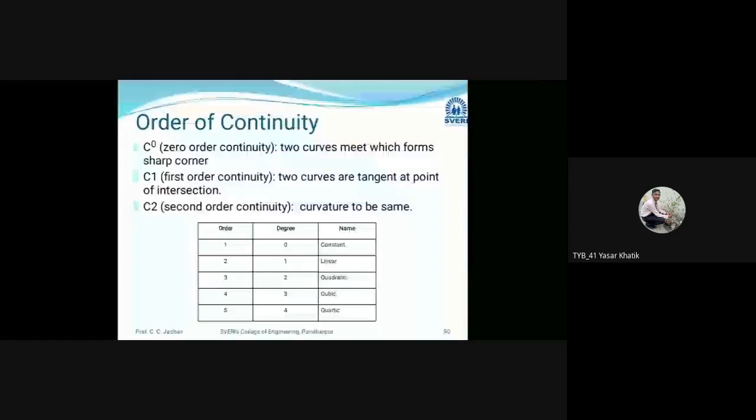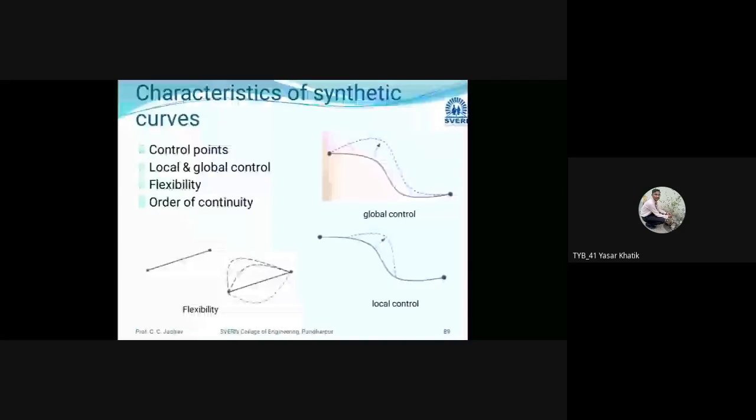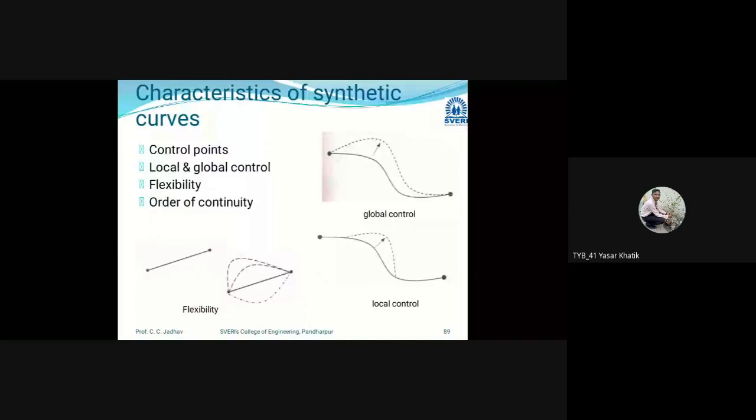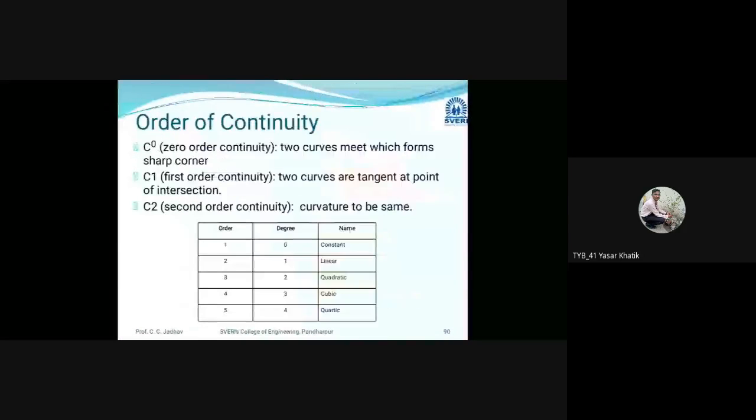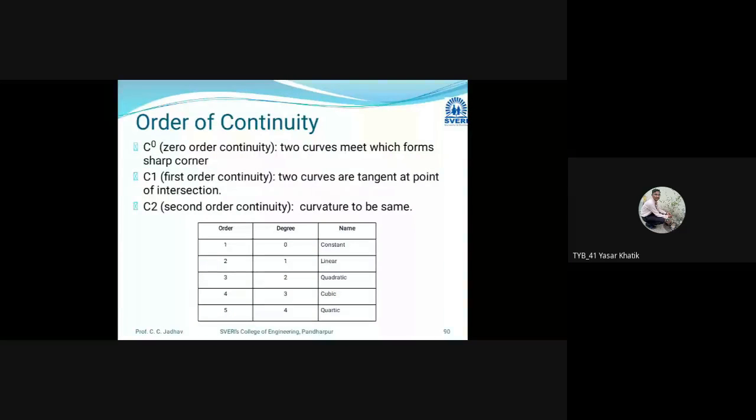So these are some characteristics of the synthetic curve. You can manage local and global control of the curve. Then it provides greater flexibility, and the order of continuity will depend on the curve condition. Okay, so now you can see there is an order of continuity chart here. Suppose the curve has order 1, degree 0, so two curves meet and form a sharp corner.